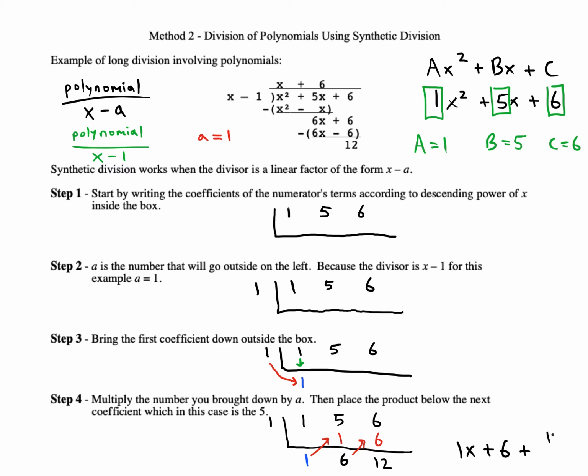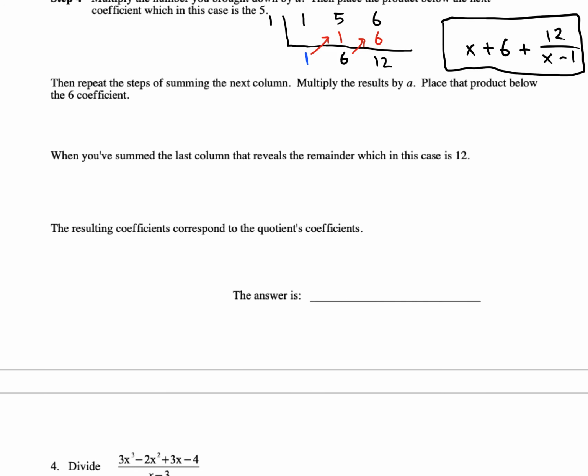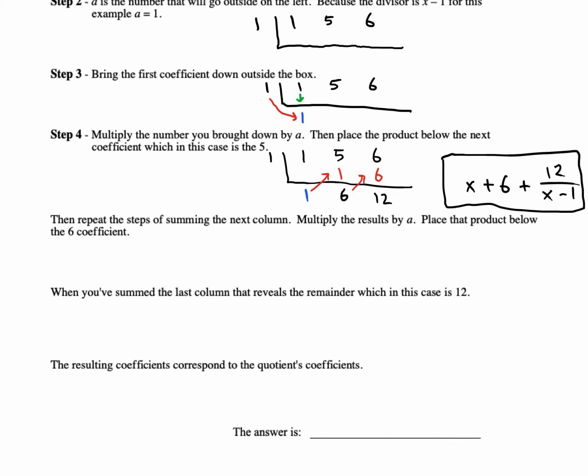And so that needs to be put over x minus 1. That's our final result. We can eliminate the 1 here to simplify if we want, and it's done. So our final result is x plus 6 plus 12 over x minus 1.